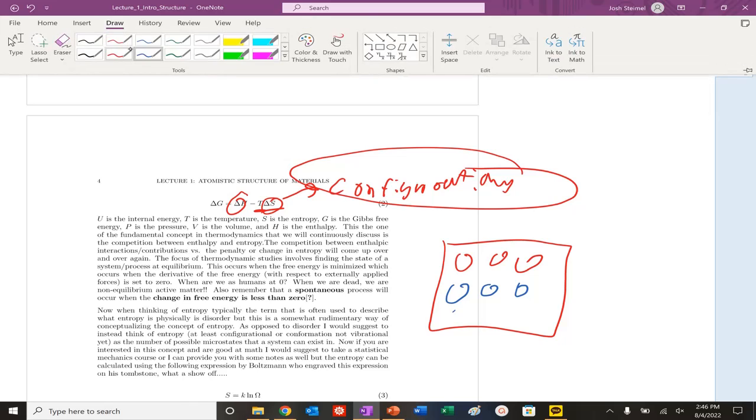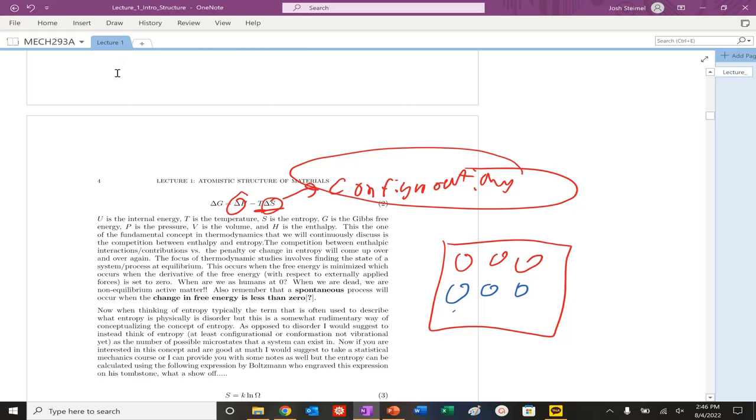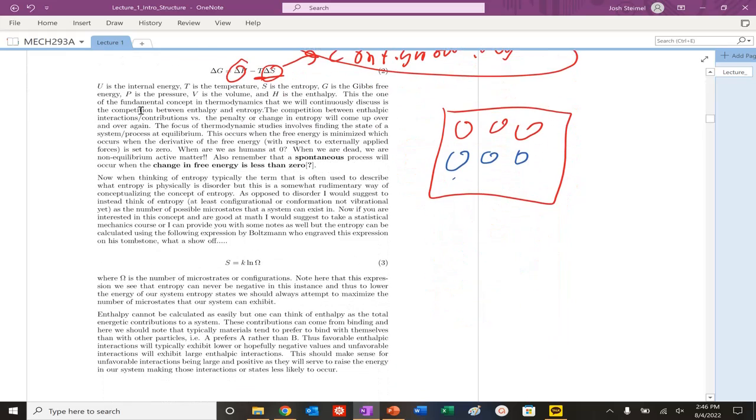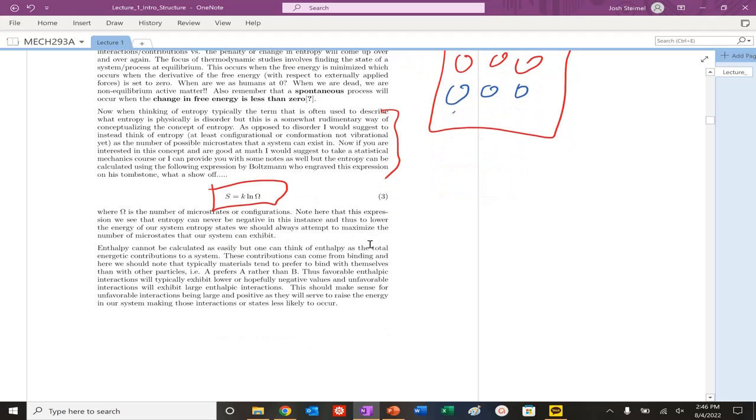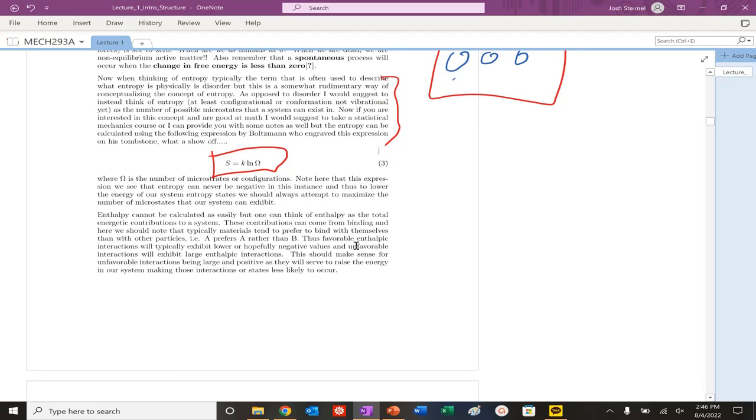Each of those represents a microstate, a distinct way that I could rearrange those two kinds of balls. And the entropy scales, this is Boltzmann, a cocky fellow who put this on his tombstone, but you deserve it when you have an equation named after you. Entropy increases as the number of microstates increases as well. So we have to pay this price in this competition.